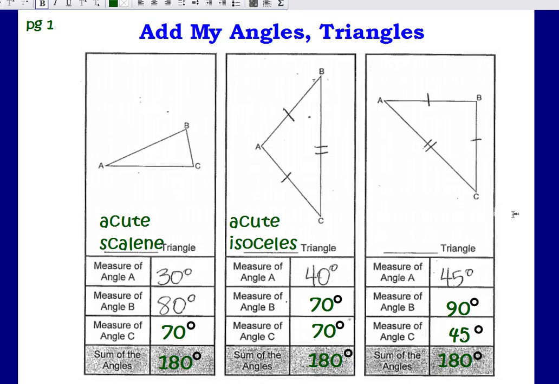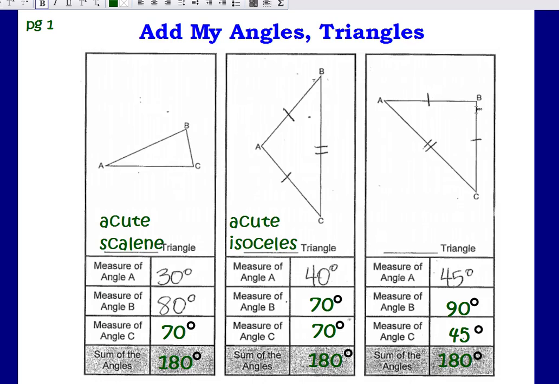And taking a look at our third one, you'll notice that there is a right angle. Angle B is a right angle, which is 90 degrees, and we're given that angle A is 45 degrees. There are two different ways you can look at this.